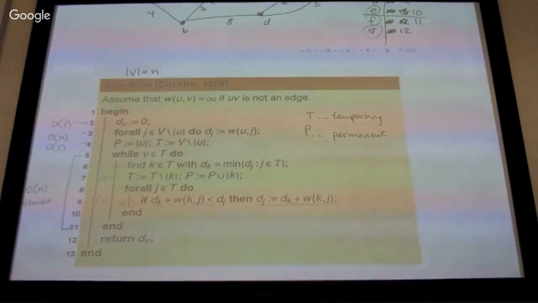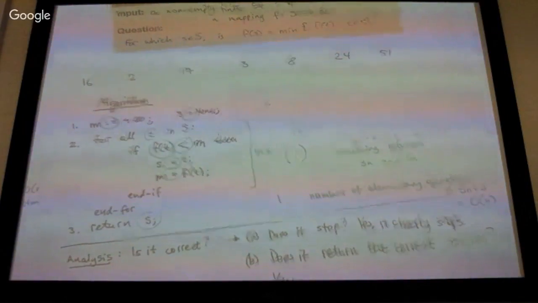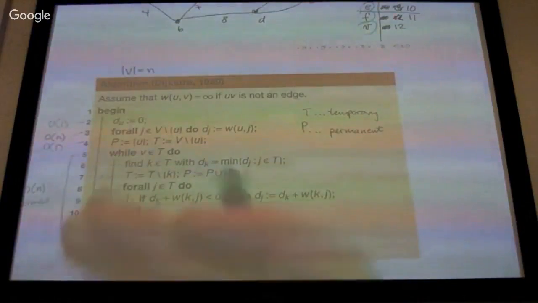So how fast can I find the smallest number in an array? So this is O of n.